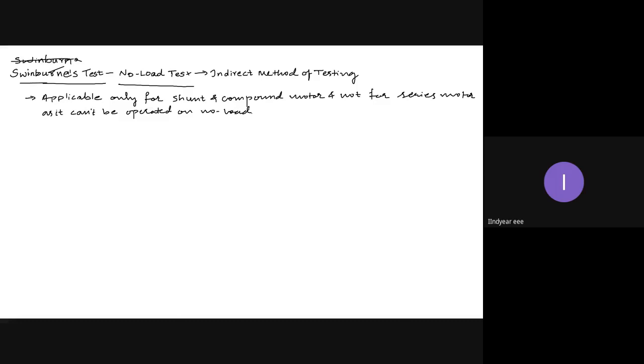Without applying load, I will be predetermining the losses and efficiency. Okay, so the circuit connection for this is very simple.